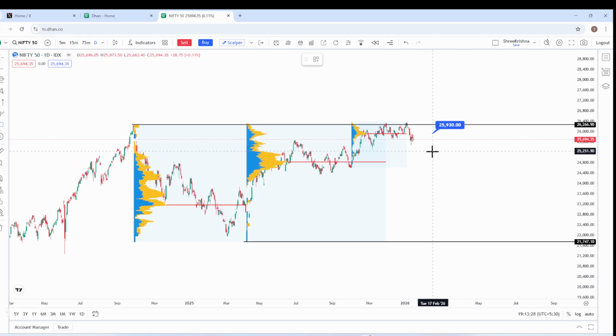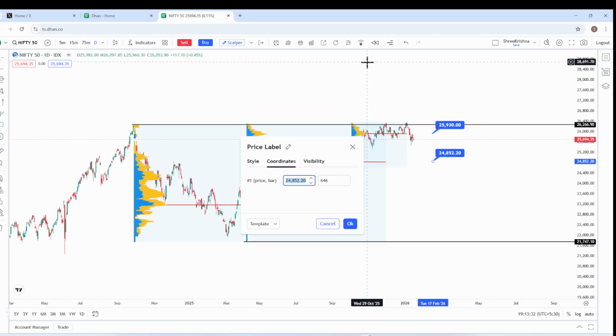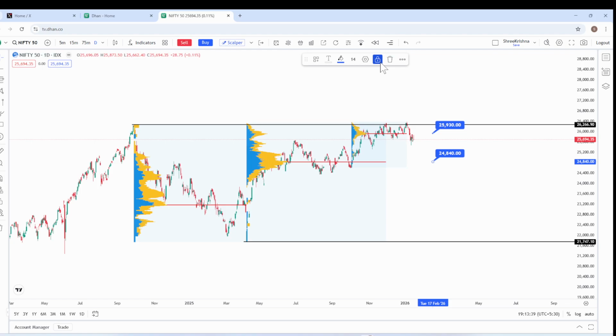So I will bring that here, 24,840, and go to 24,840. Okay, so that is the next coordinate. I'll lock it. Now I have two coordinates here, one is 25,000, which is marked in the future.